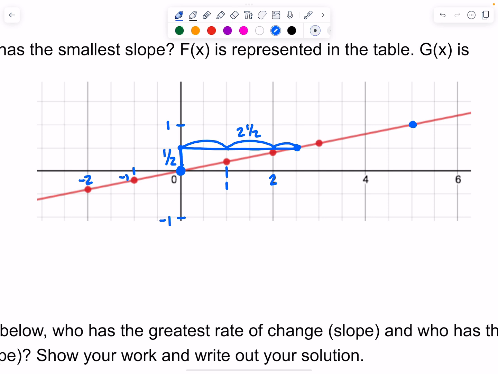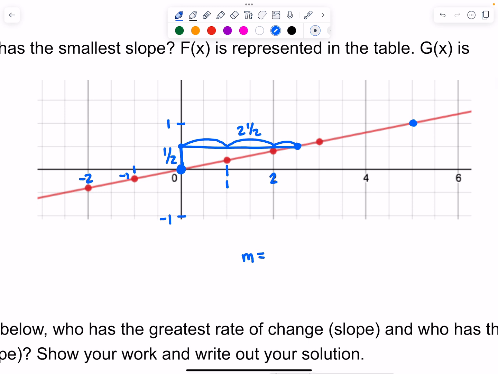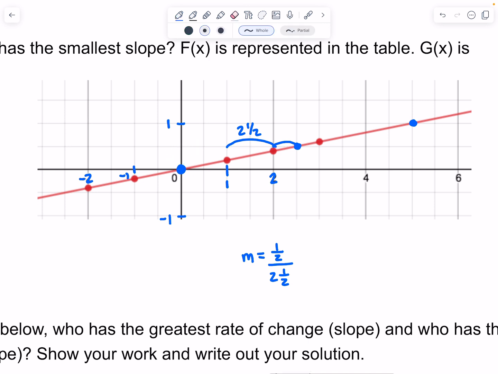So our slope for this first option would be 1/2 divided by 2.5 because it's rise over run and it's positive. But now let's look at it from that other point's perspective and just see if we get the same value. So if I use the other 2 points, I'm going to use this one and this one.